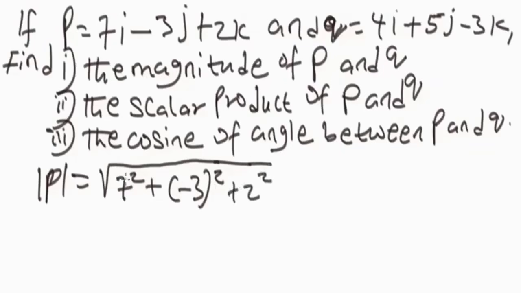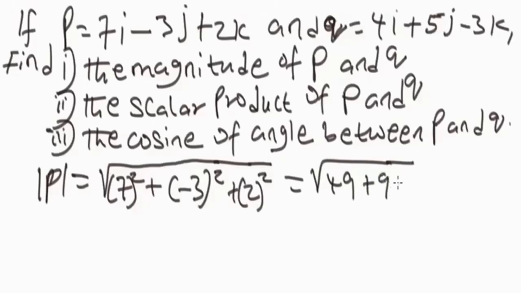Let's put everything in brackets. When you simplify this, you're going to have the square root of 7 square, which gives us 49, plus minus 3 square, which gives us 9, plus 2 square, which gives us 4. So when you simplify, we're going to have the square root of 62.